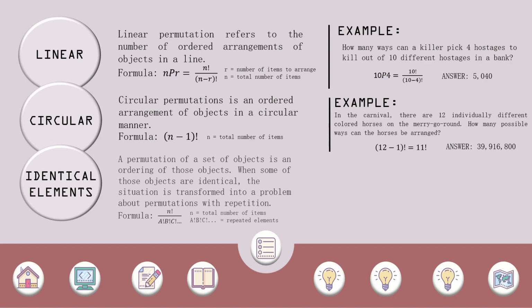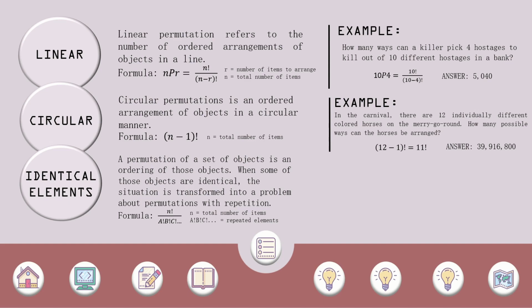Lastly, identical elements. It is a permutation of a set of objects that is an ordering of those objects. When some of those objects are identical, the situation is transformed into a problem about permutations with repetition. The formula should be n factorial over a factorial times b factorial times c factorial and so on, where n is the total number of items and a, b, c factorials are the repeated elements.